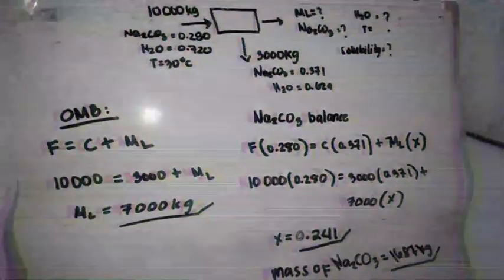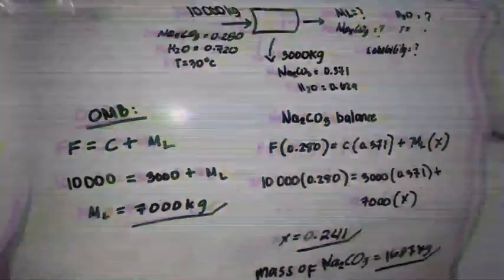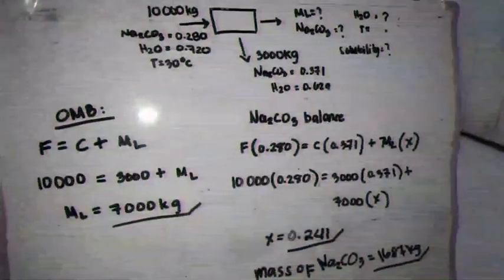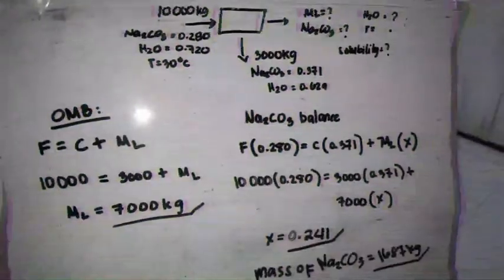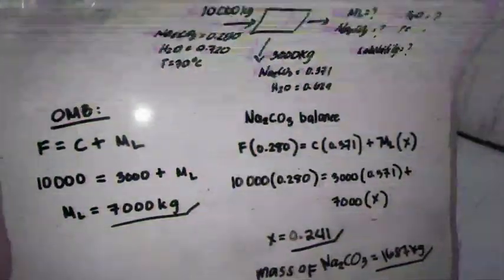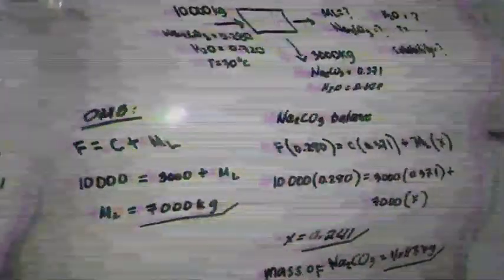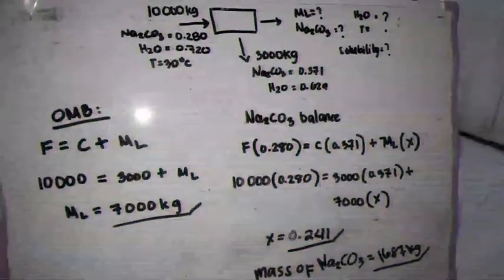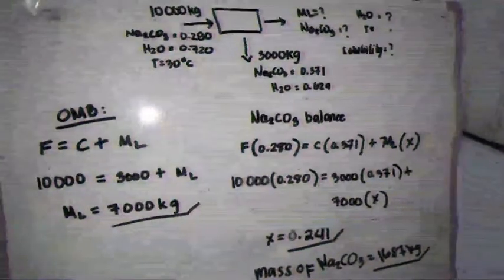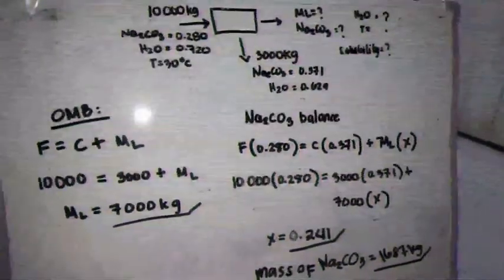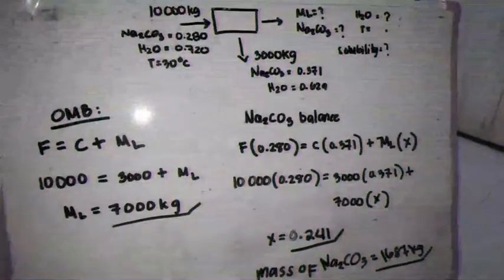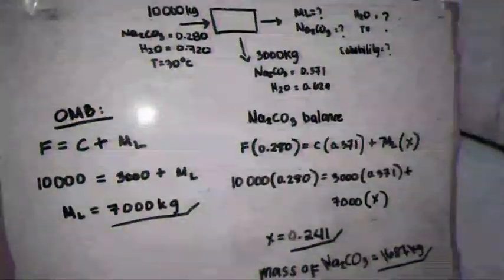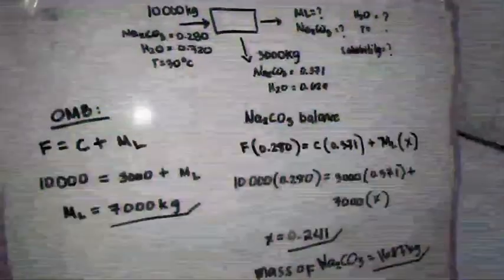So after solving the overall mass balance, we do the sodium carbonate balance. So we have the feed times the mass fraction in the feed equals the crystal times the mass fraction in the crystal plus product times the mass fraction in the product. Since we are looking for the mass fraction in the product, we should plug in the values given in the block diagram.